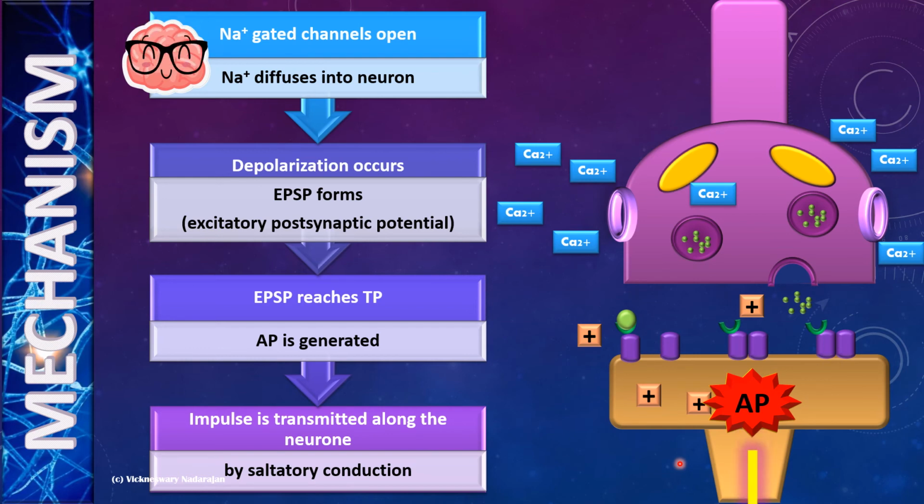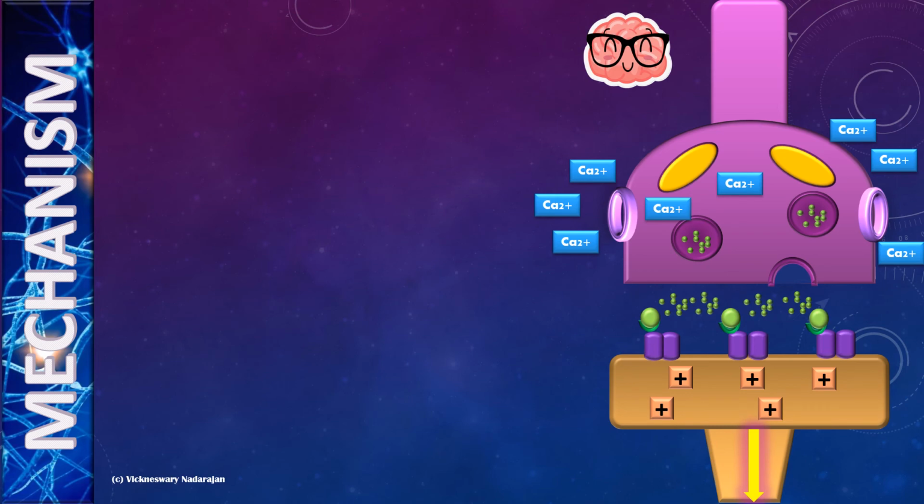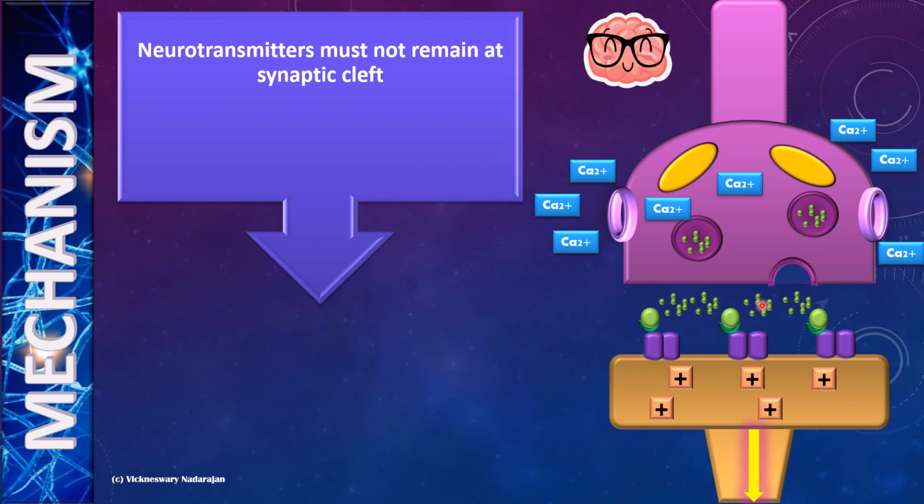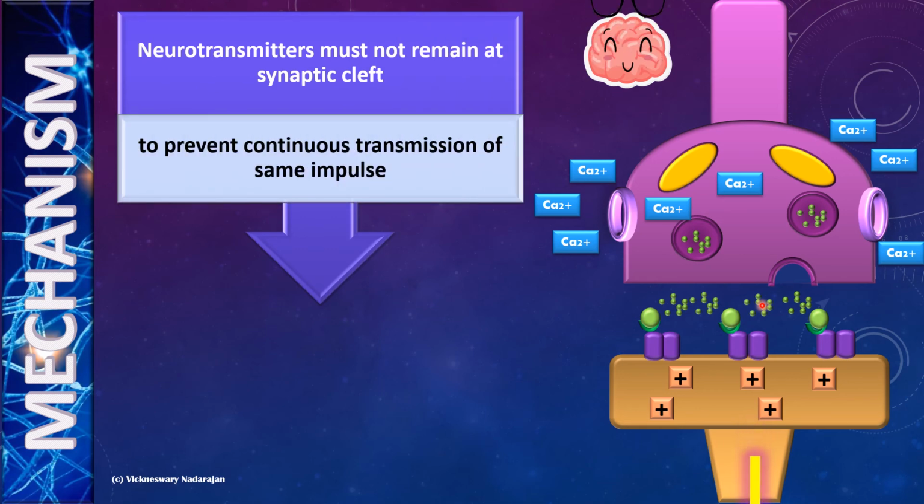But the story doesn't end here. The neurotransmitters must not remain in the synaptic cleft, because if they stay there, they will cause the same impulse to be transmitted repeatedly. This will be a waste of energy and a waste of time.